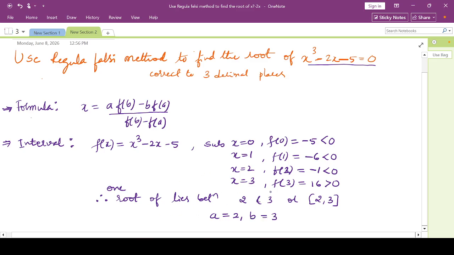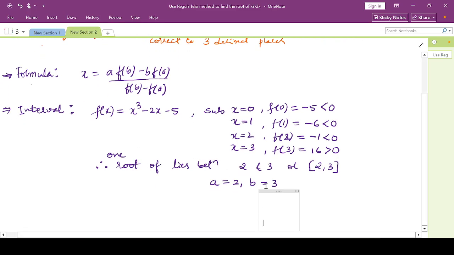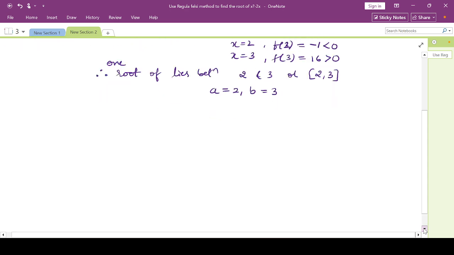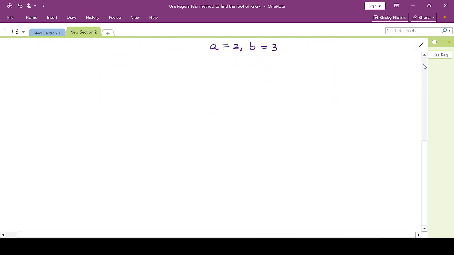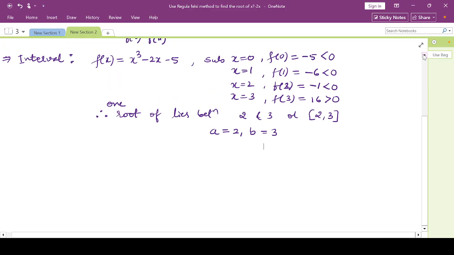Okay, fine. You can observe carefully. By substitution of 2, just draw a number line, you will come to know.